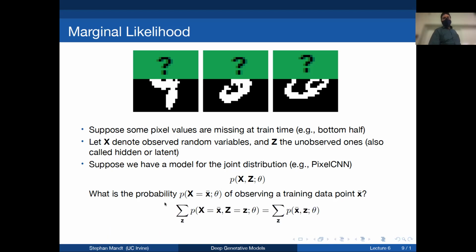This was the summation over the joint distribution, summing over all Z's. As we also learned, this essentially amounts to assuming a priori any possible way of completing the image and summing over all these probabilities.